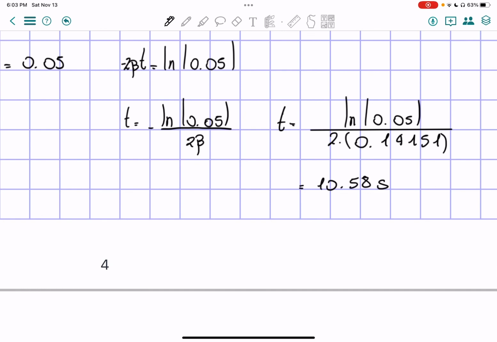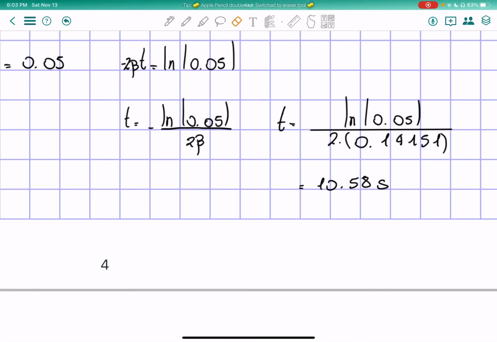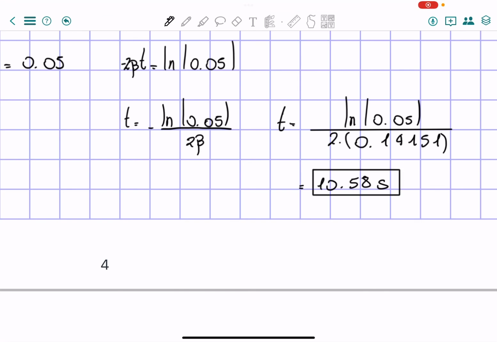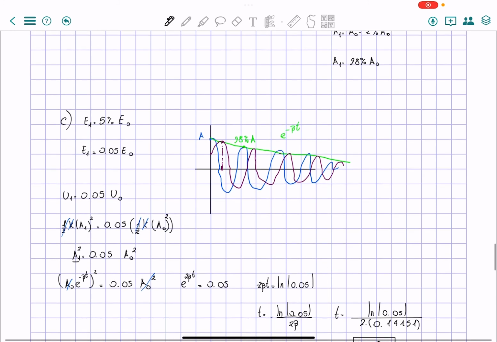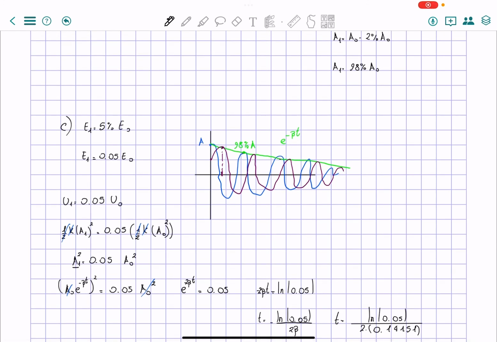Now you can add more numbers if you want, of course. It all depends also on the numbers that you used at the beginning. Anyway, so this is the time that it takes for the energy of the system to reach 5% of the initial energy, 10.58 seconds, which is not a long time actually. Anyway, that is how you solve this problem, parts A, B, and C.